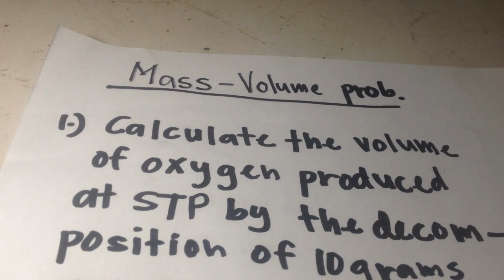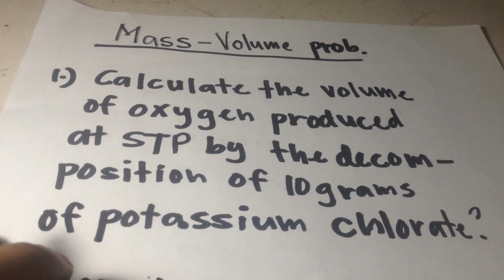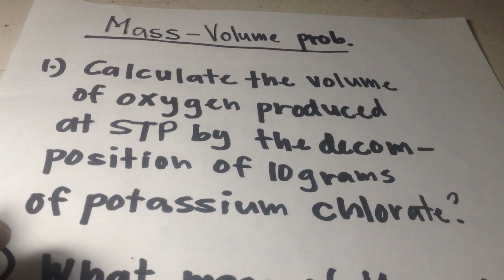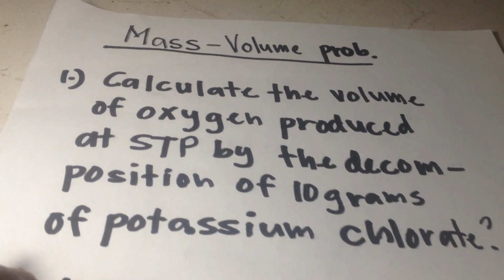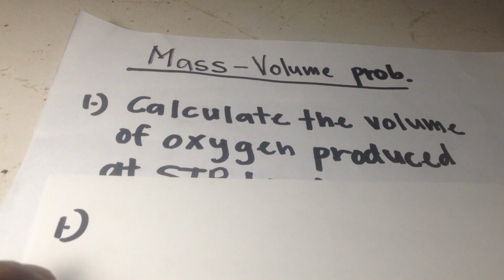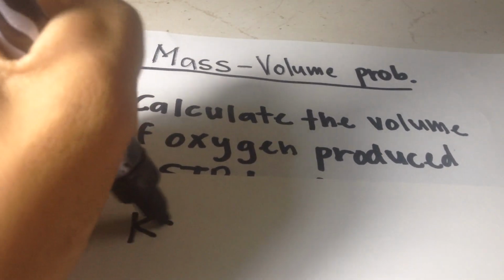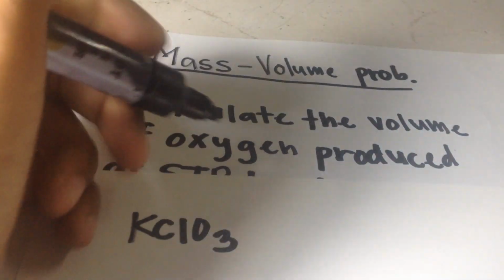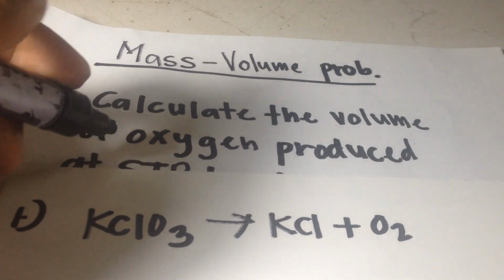So let's begin. Number 1, mass-volume problem. Calculate the volume of oxygen produced at STP by decomposition of 10 grams of potassium chlorate. First step, we need to decompose the potassium chlorate. KClO3 reacts to form potassium chloride plus oxygen gas. You need to balance the equation.